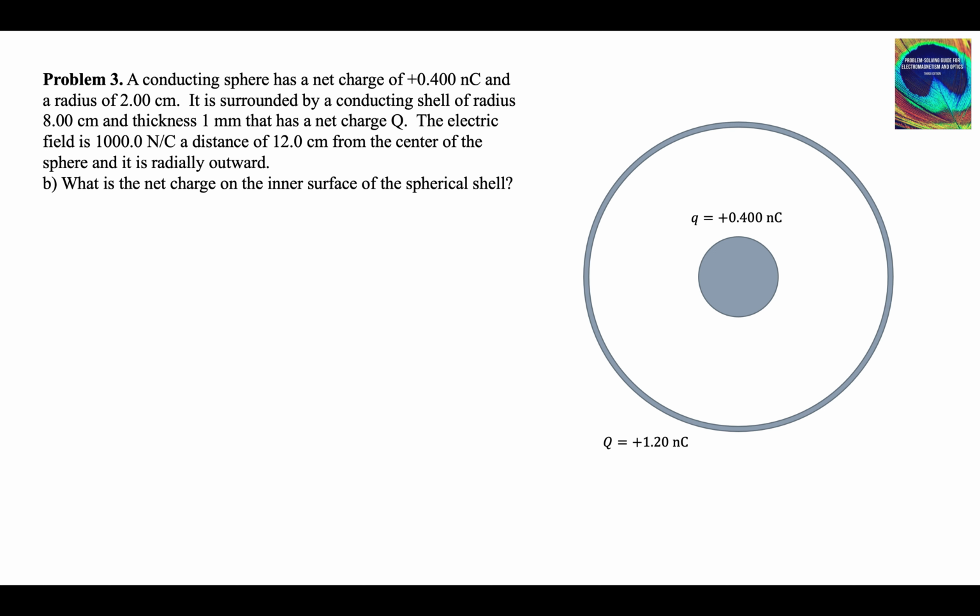Now, part B. What is the charge on the inner surface of the spherical shell? We know the total charge on the spherical shell is 1.2, but we don't know how much is on the inside, how much is on the outside. Is it 0.8, 0.4? Is it 0, 1.2? We have to figure it out. And we can figure it out by a really clever choice of a Gaussian surface.